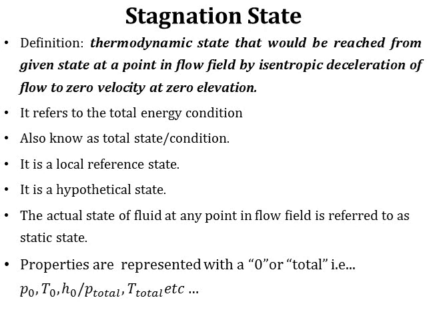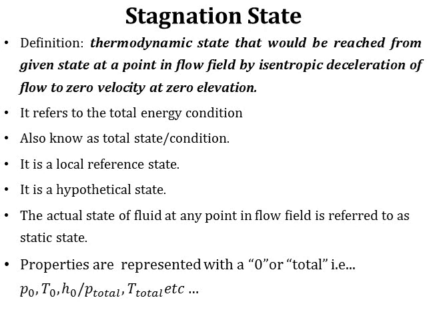It is also known as the total state or total condition. It is a local reference state, that is, it can be defined at any point where we would like to non-dimensionalize the properties.